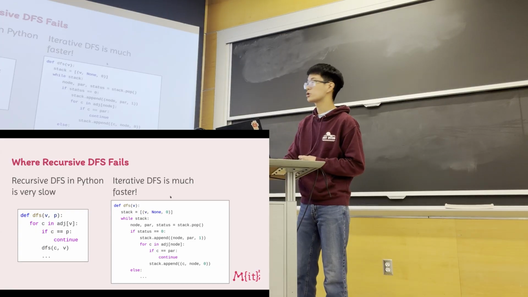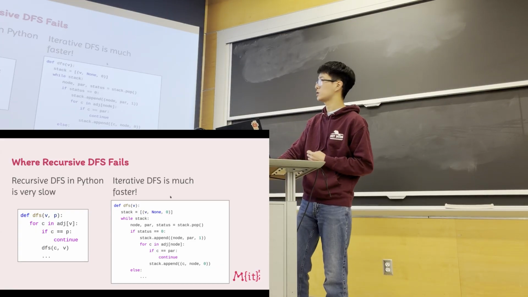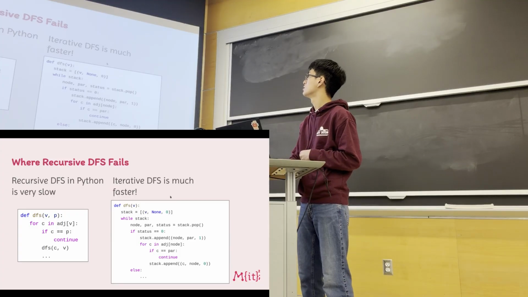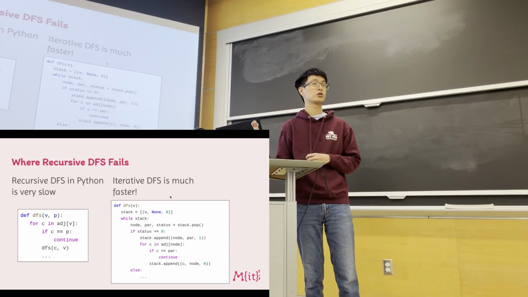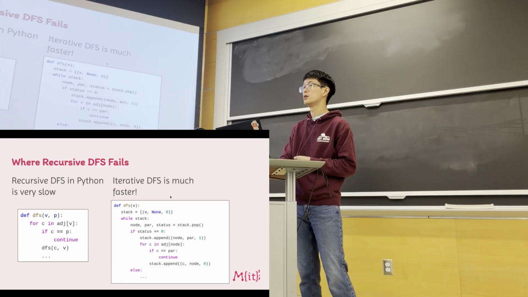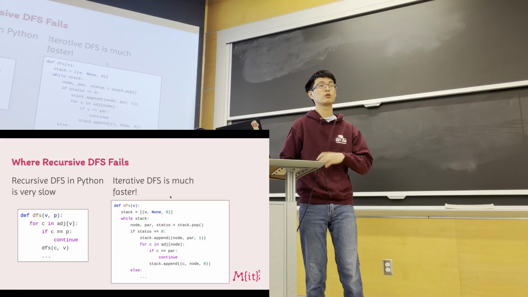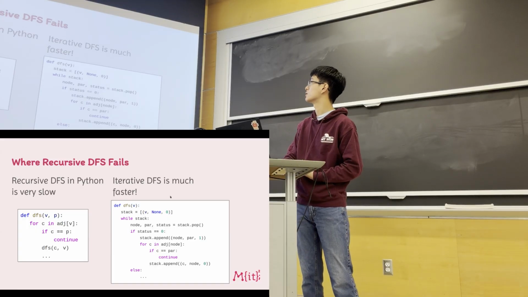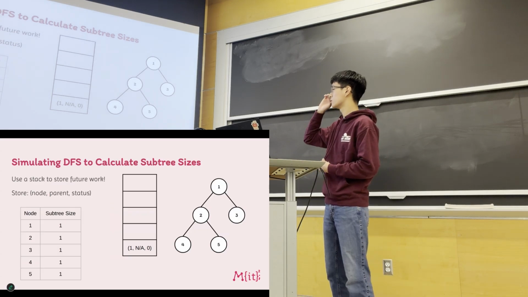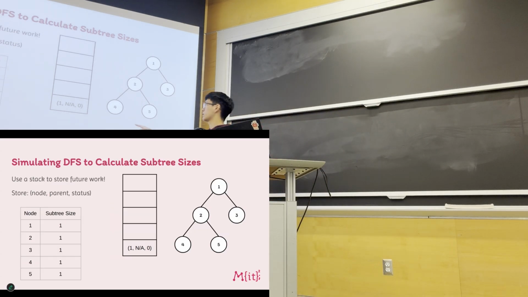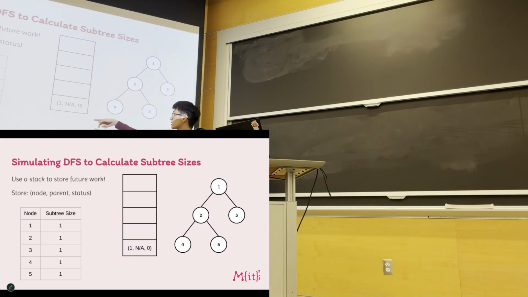So let's go through an example of iterative DFS instead of looking at the code. The example problem we'll solve is solving for all subtree sizes using DFS. Remember, we did that last time using recursive DFS. So what we'll do is we have a stack here. This is just a list, except we'll only be removing from the end of the list.